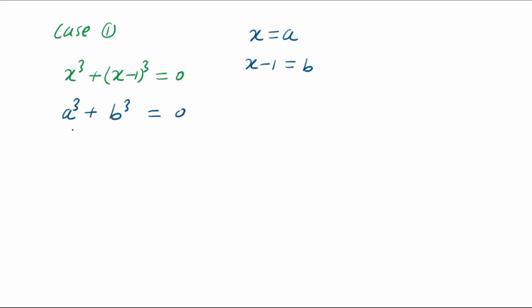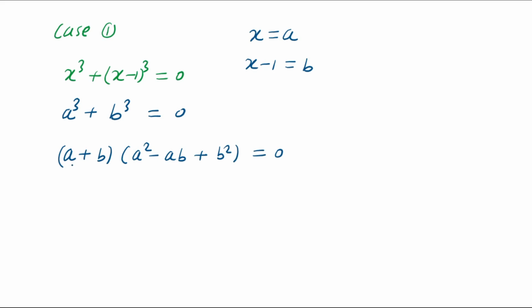On the left hand side we have the sum of two cubes, and we know the factor of a cube plus b cube is (a plus b) multiplied by (a square minus a b plus b square) is equal to 0.